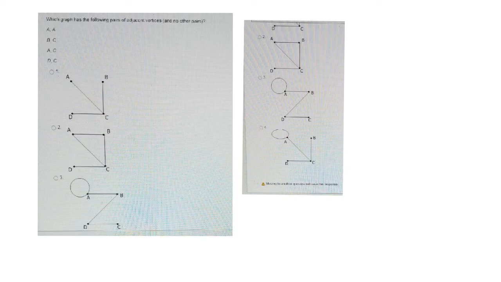Okay, so this one is asking which graph has the following pairs of adjacent vertices and no other pairs. So first of all, adjacent vertices. That means that you have two vertices that are connected by a single edge. In other words, adjacent usually means next to or connected to.